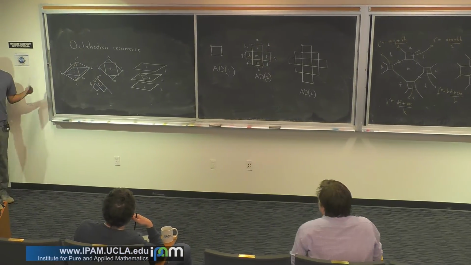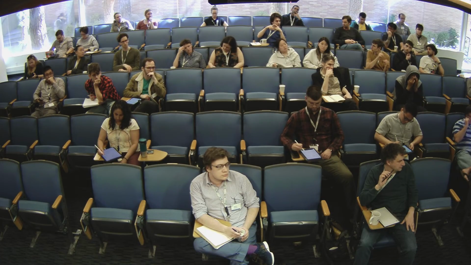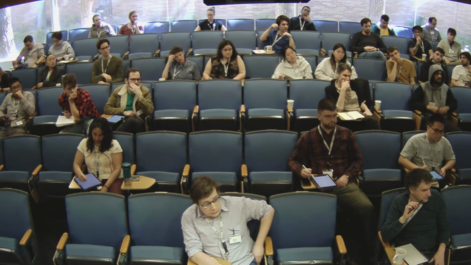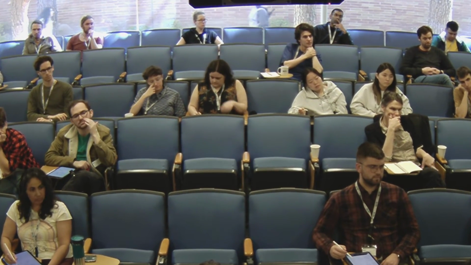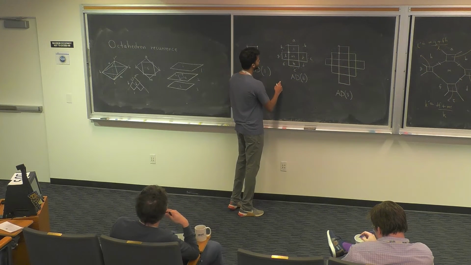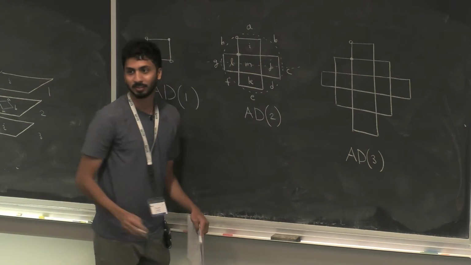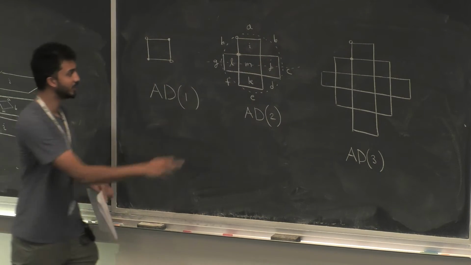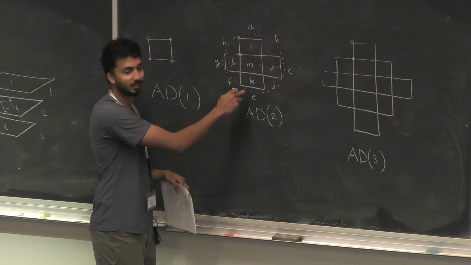Okay, any questions? Yeah. This picture here. So I have the Aztec diamond, and I'm looking at a certain slice of it, like along this line, and so I see these variables, but I'm not seeing those.